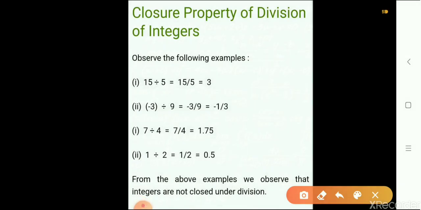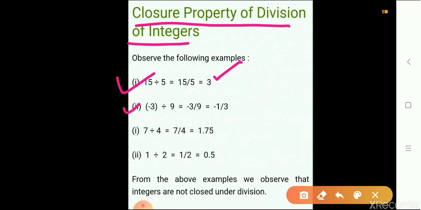The first property is the closure property of division of integers. Let us observe the following examples. 15 divided by 5 gives us +3. -3 divided by 9 gives us -3/9, that is -1/3. Also 7 divided by 4 gives us 1.75, and 1 divided by 2 gives us 1/2, that is 0.5.